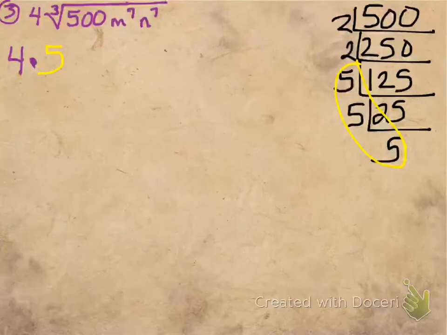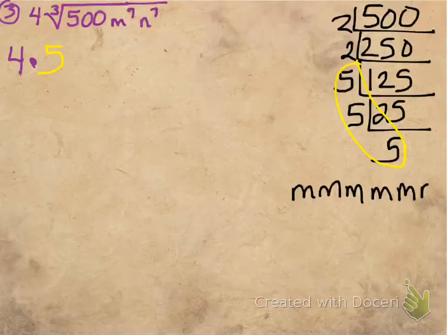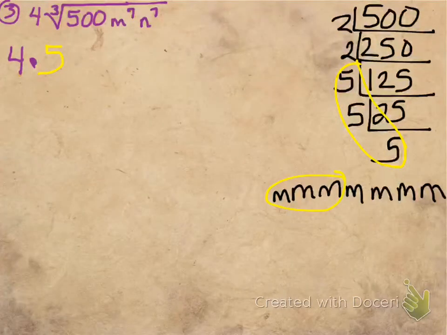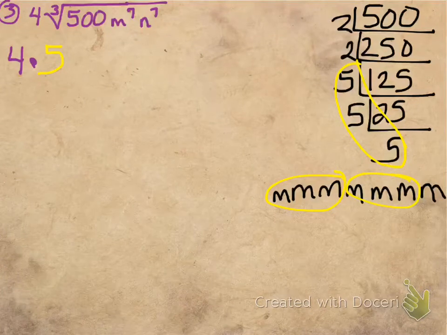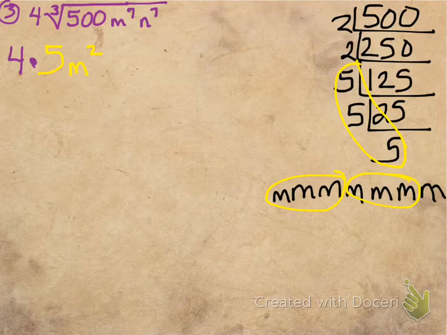And now let's look at our variables. So I have m 7 times, and same thing with n. How many sets of 3 do I have? 2. So I have m squared. Will it be the same thing for n? Yes.